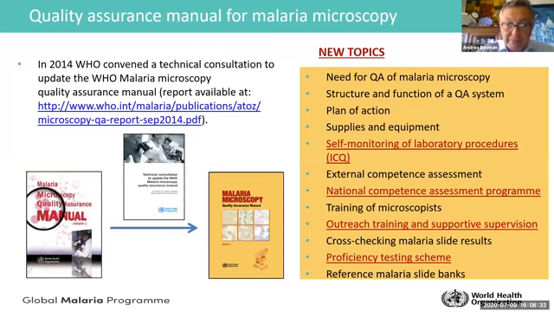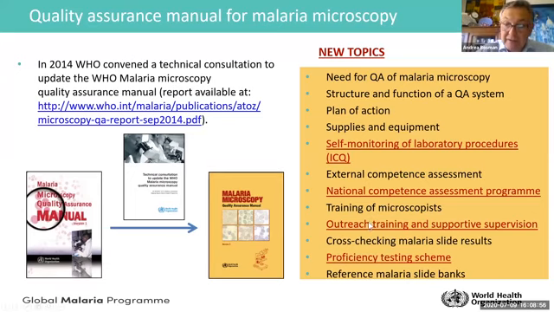Now, this manual has a lot of new things, like internal quality control procedures. There is also what countries should do for their own microscopists in terms of national competency assessment.